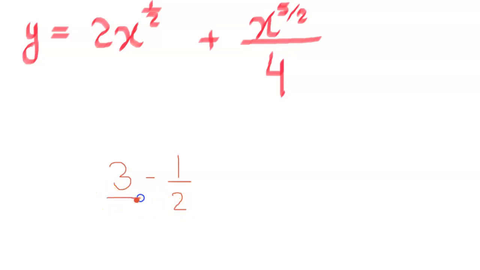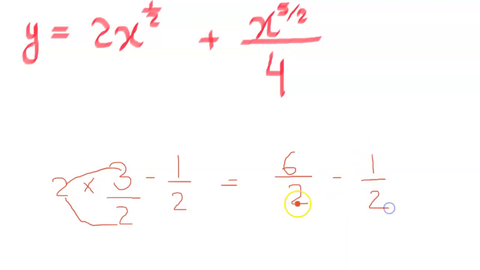So this side, I need to multiply and divide by 2, because I have to put the 2 here. And that side becomes a 6. So that becomes 6 over 2 minus 1 over 2. Now the denominators are the same, so I can simplify the top. 6 minus 1 is 5, so 5 over 2.